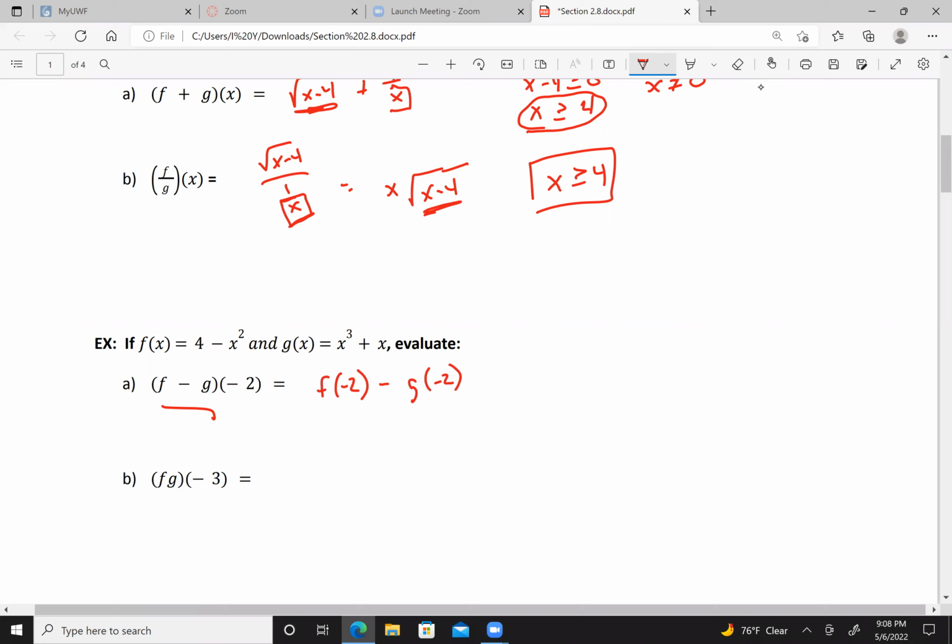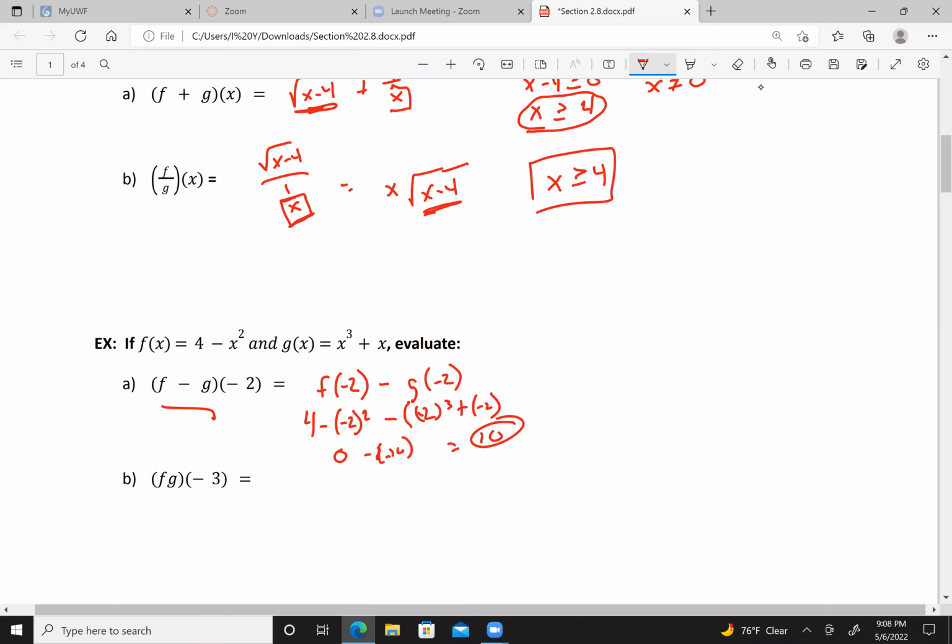Well, f of negative 2 is 4 minus negative 2 squared. And g of negative 2 is negative 2 cubed plus negative 2. Well, this is 4 minus 4, which is 0. This is negative 8 minus 2, which is negative 10, which gives us a positive 10.